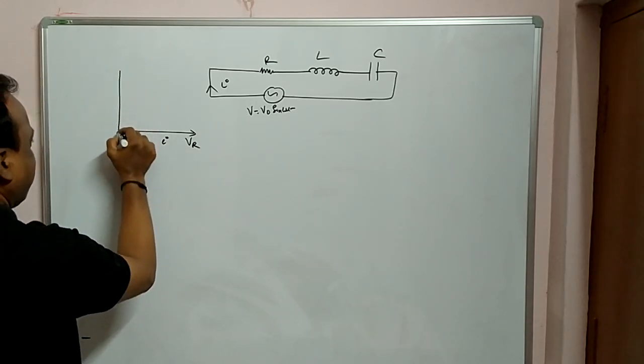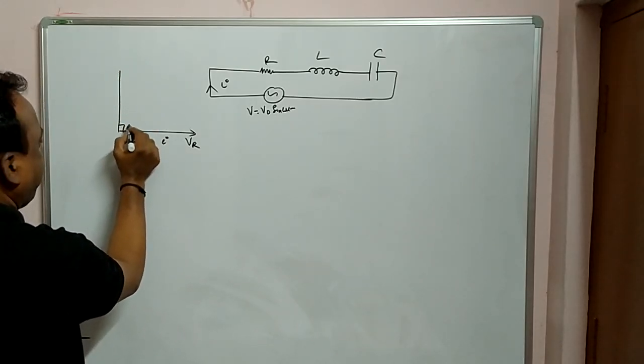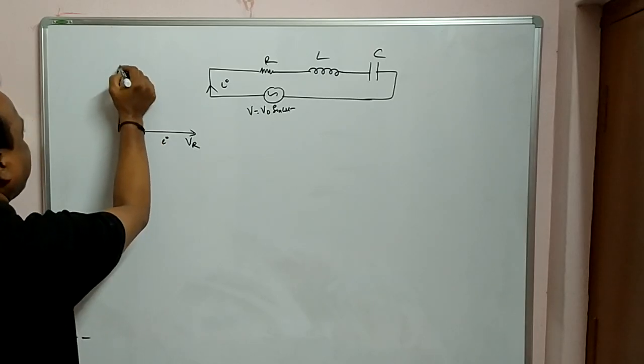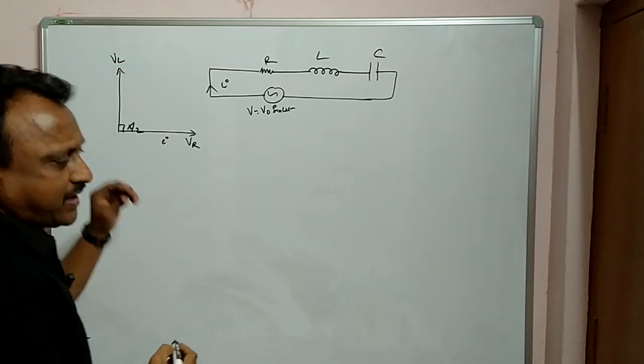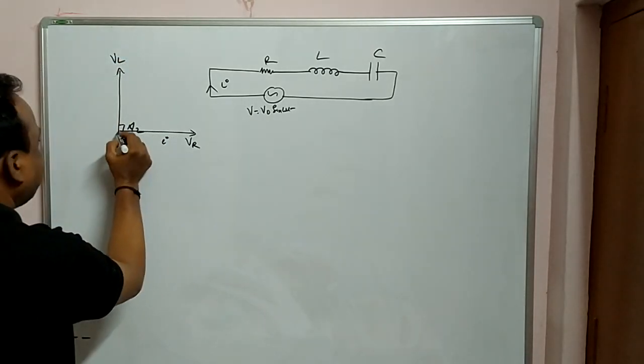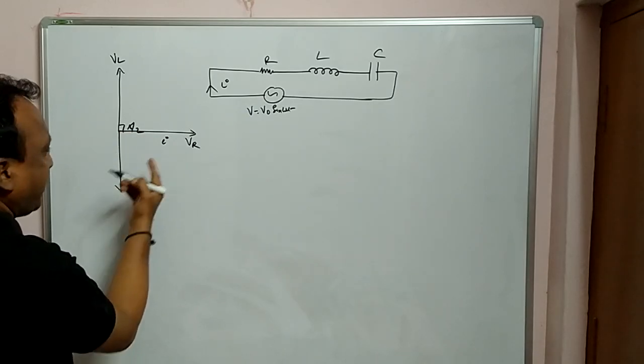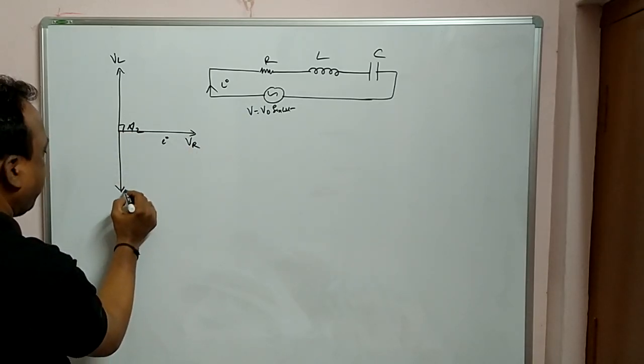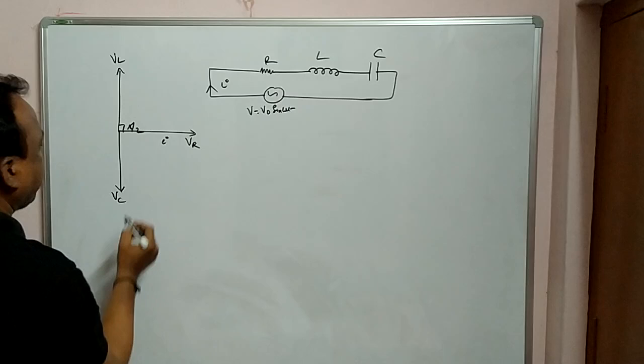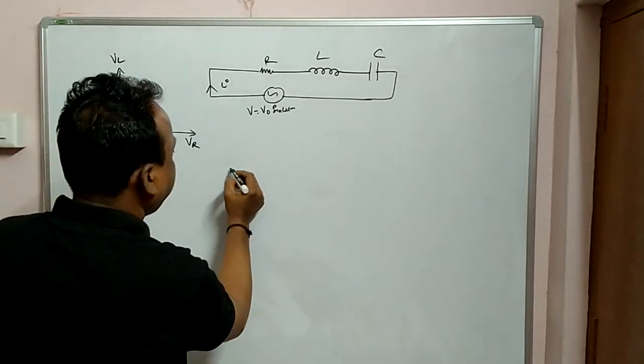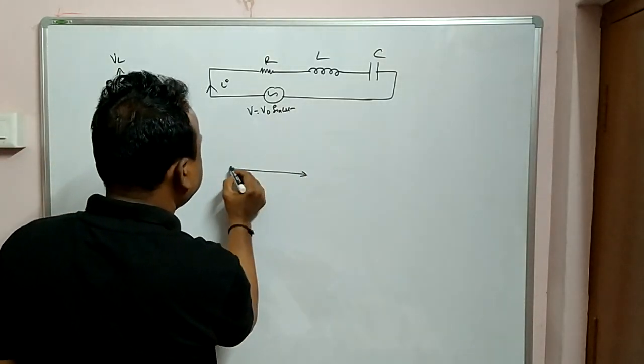When an inductor is there, current is lagging by pi by 2, so the voltage is leading by pi by 2. In the same fashion, when a capacitor is there, current is leading by pi by 2.